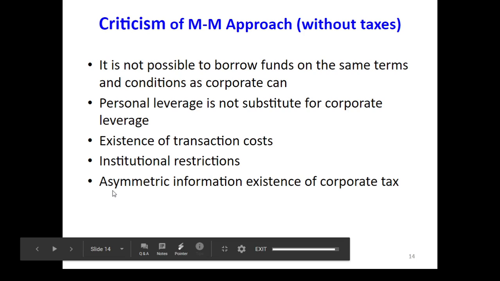Last drawback, asymmetric information, existence of corporate tax. All investors cannot know the same type of information. Some investors know less information, and some investors know more information.